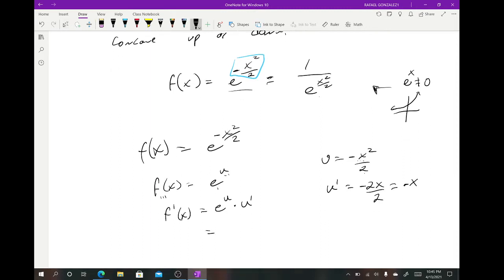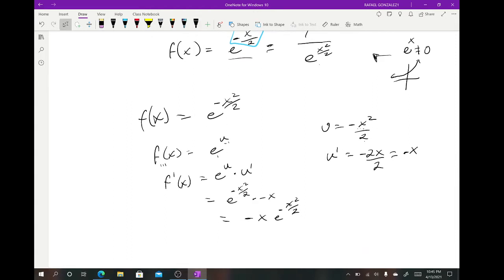And now if you bring back the u and the x, what we have is e to the negative x squared over 2 times negative x, which is the same thing as negative x e to the minus x squared over 2. So this is the first derivative.